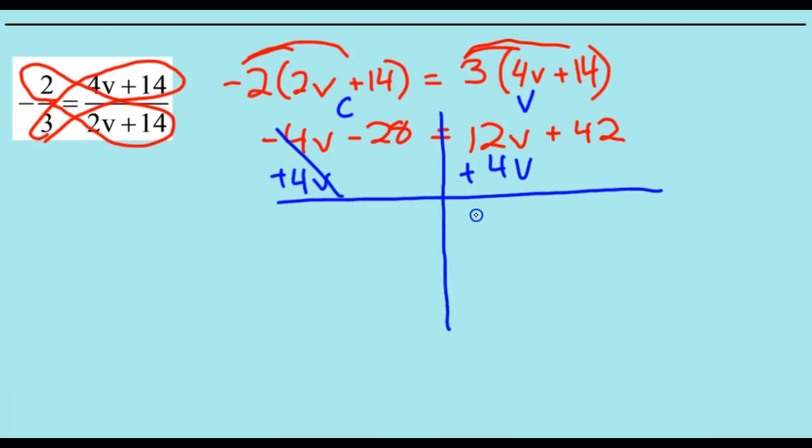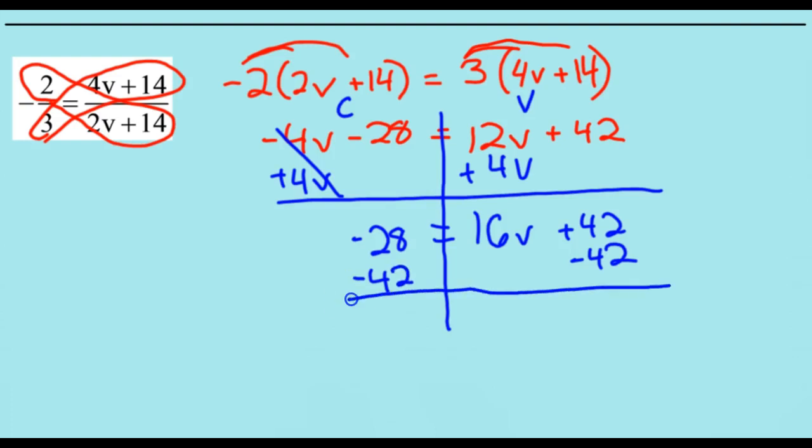What I get then is 16v plus 42 equals negative 28. Now I have to subtract 42 to get v by itself. Negative 28 minus 42 is going to give me negative 70 equals 16v.